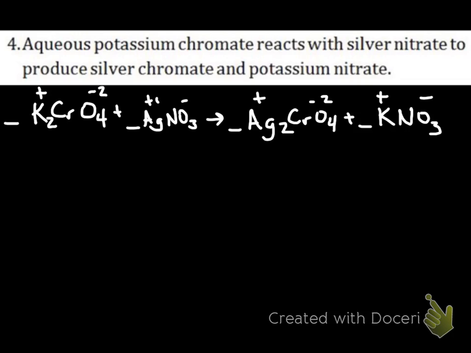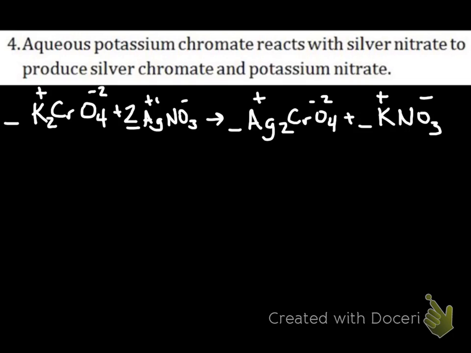The balanced chemical equation. I have polyatomics. I have chromate CrO4, and I have polyatomics NO3. I would start there, but there's 1 on both sides, so I'm not going to start there. But silver has 2 on the product side and only 1 on the reactant side, so I'm going to put a 2 in front of AgNO3.